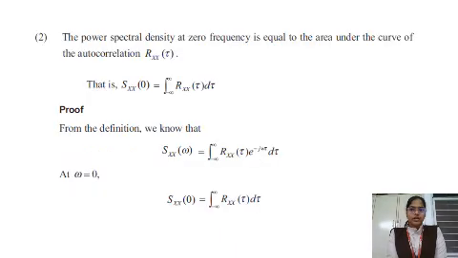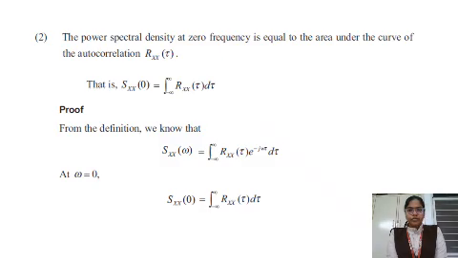The second property is that the power spectral density at zero frequency is equal to the area under the curve of the autocorrelation Rxx of tau. That is, Sxx of 0 equals the integral from minus infinity to infinity of Rxx of tau d tau.